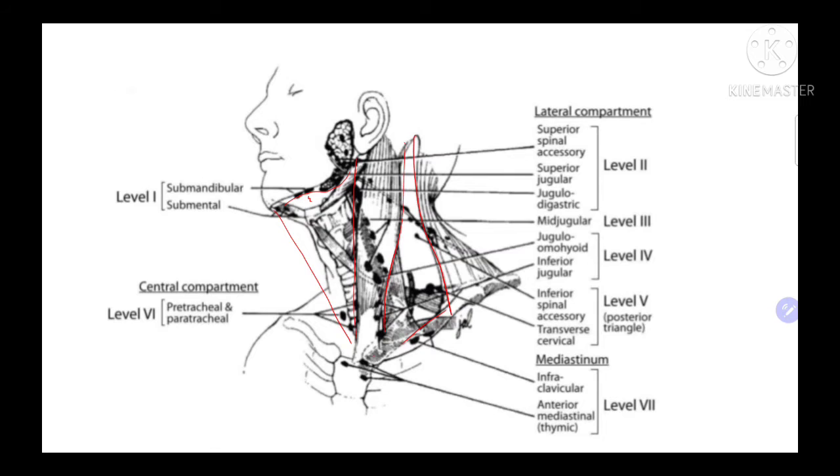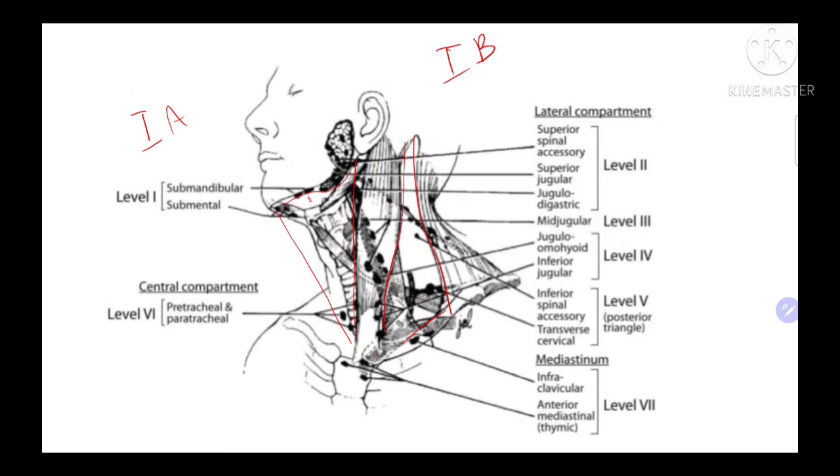Now we're going to divide it into level 1A and 1B. I know you may be saying, hey, what happened with the digastric? Yes, here we go.